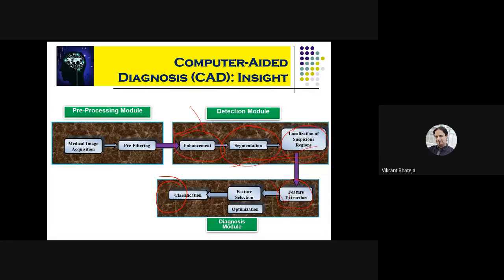Once the detection module gives promising results, certainly your feature extraction and classification are going to be catalyzed, and there could be a jump in the accuracy. So this is one particular sphere where an individual may initiate research.